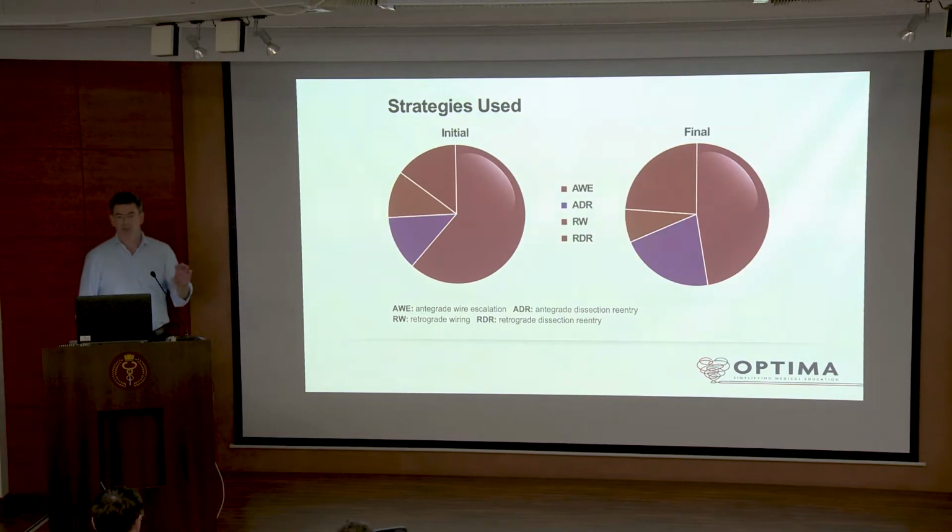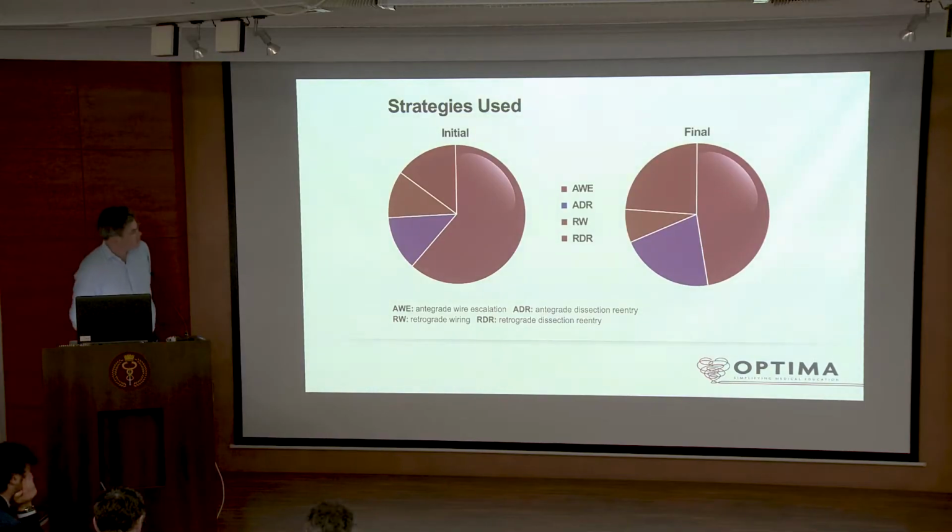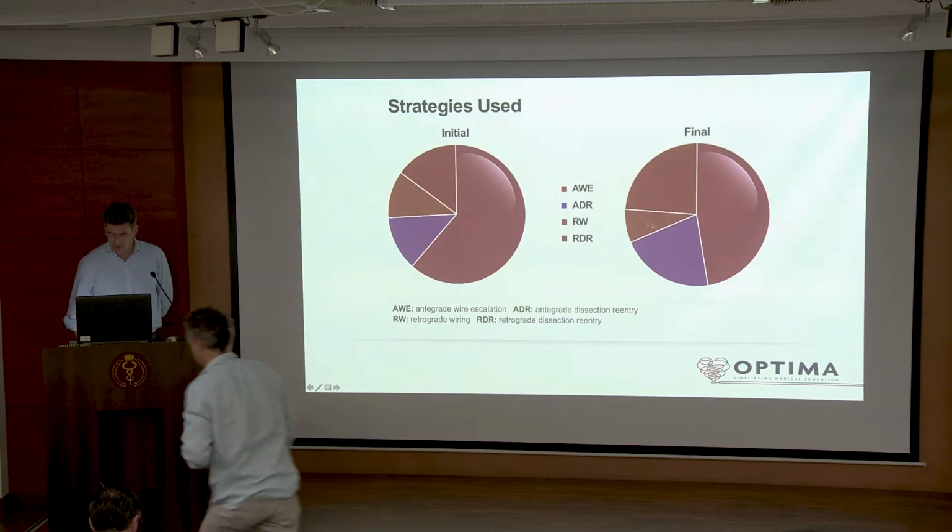So, here's some new terminology for those of you who are non-CTO operators, but this really is a reflection of how CTO treatment has evolved over the last 10 years with the introduction of antegrade dissection re-entry. So, the initial strategies used and the final strategies used.